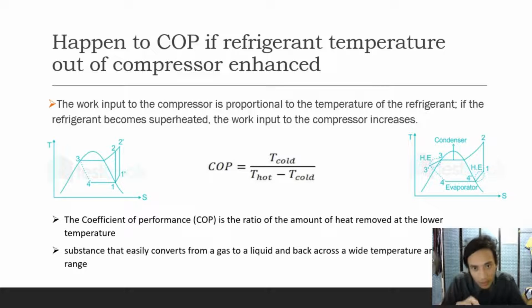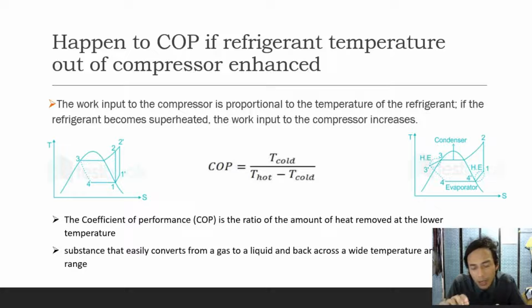Alright, as you can see in my slide here, the left hand side graph is T against S. If you can see, 1 goes to 2, goes to 3, goes to 4, and it goes back to 1. This is the basic cycle where there is no superheat, and the refrigerating effect is achieved here.